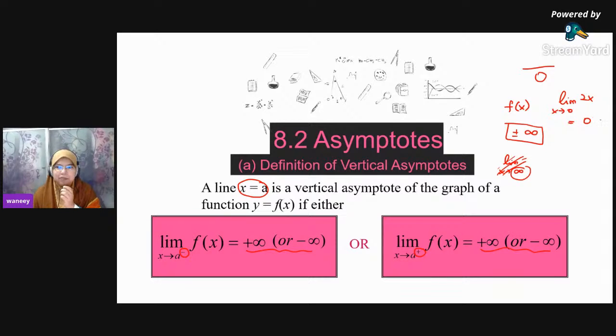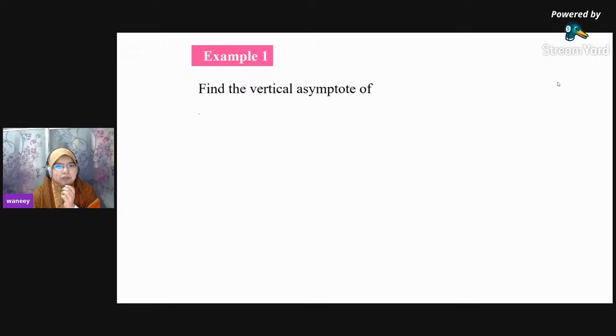So 0 is some value, it's not infinity. So kita tak boleh kata yang ini dia dapat infinity lah. So yang Yifang tulis tu okay. As long as you have something divided by 0, it will become infinity. Kecuali kosong per kosong lah.